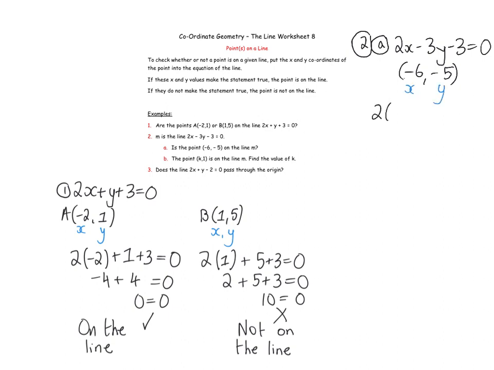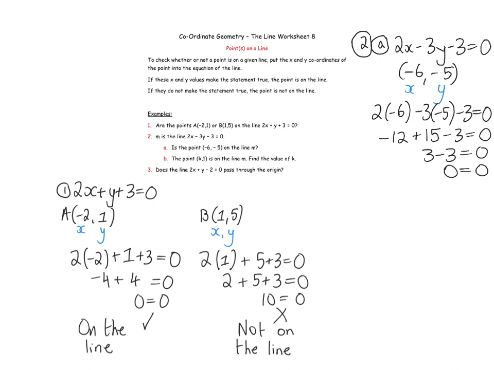So it becomes 2 times -6 minus 3 times -5 minus 3 is equal to 0. So 2 times -6 is -12. Minus 3 times -5 is +15. Minus 3 is equal to 0. -12 plus 15 is 3, minus 3 is equal to 0. So we end up with 0 equal to 0. This then is on the line.